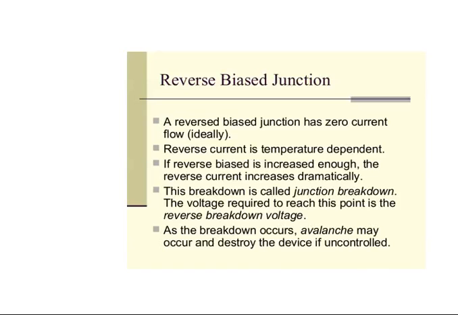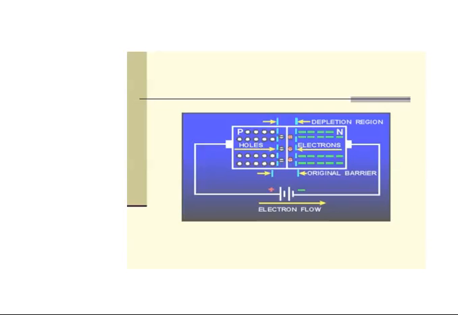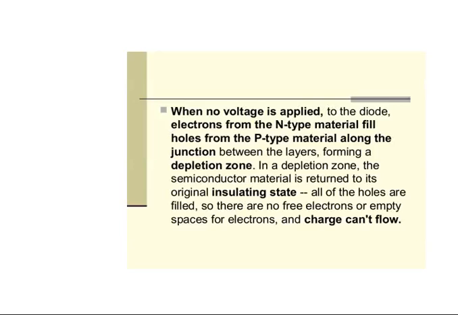If reverse bias is increased enough, the reverse current increases dramatically. This breakdown is called the junction breakdown voltage. So when you consider current flow, when no voltage is applied to the diode, electrons from N-type material fill holes from the P-type material along the junction between the layers, forming a depletion zone.